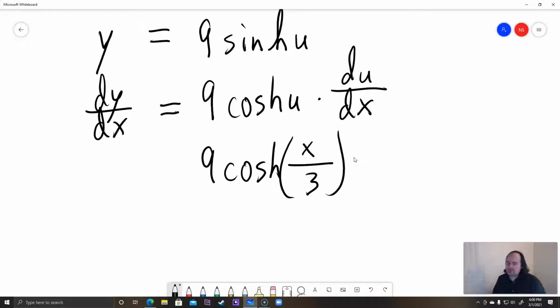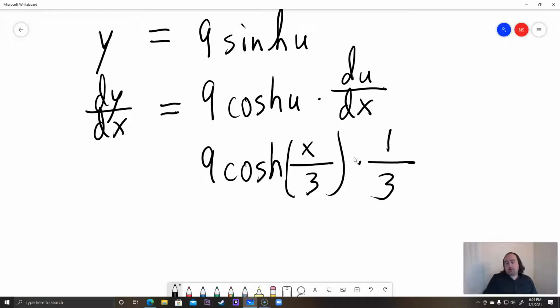And then we have times du dx. So what is the derivative of x over 3? Well, that's just going to be 1/3, because the derivative of x is 1, and the 1/3 is a constant and the constant stays there. So you should have 9 cosh of x over 3 times 1/3.